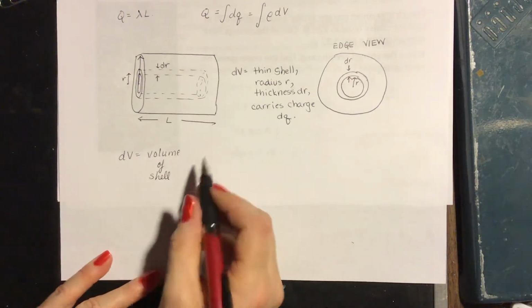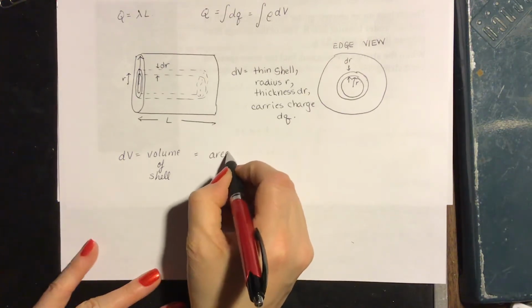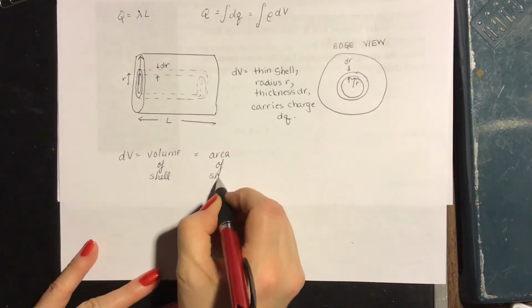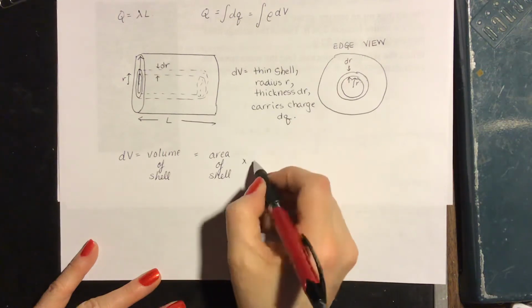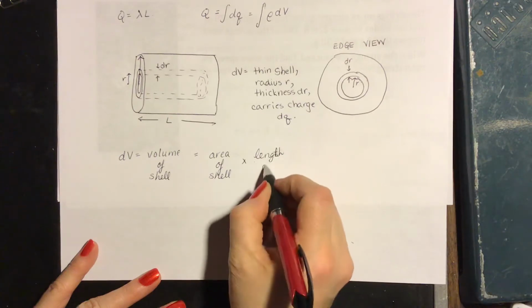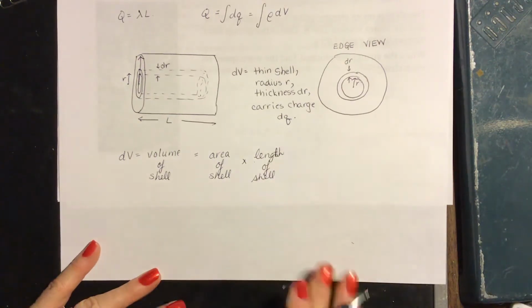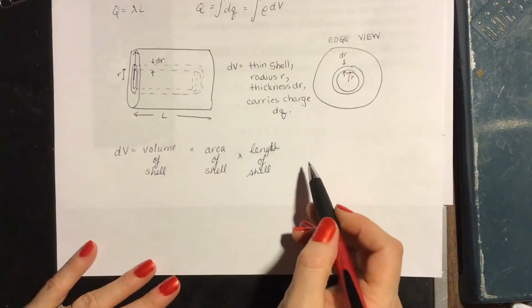Well, we could find the volume by multiplying the area of the shell by its length. So a volume is area times length, so we could put that in there. So now let's ask, what is the area of the shell?